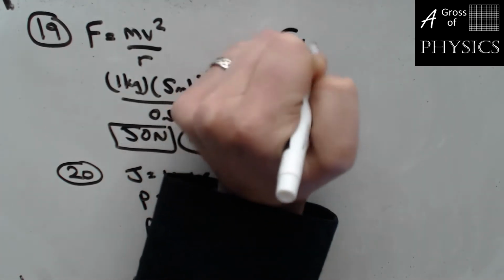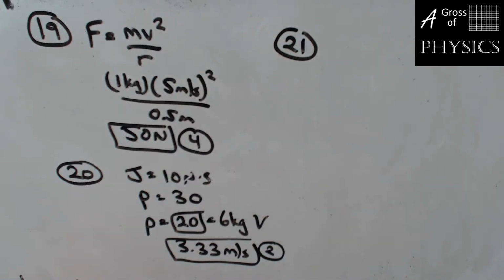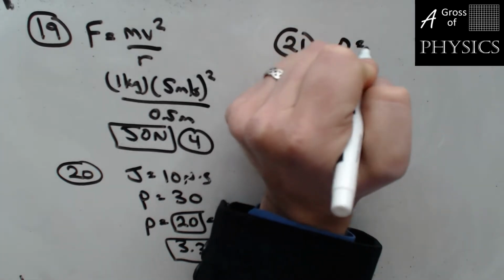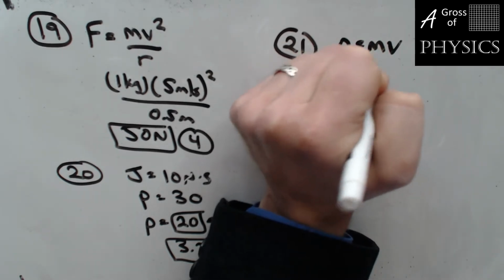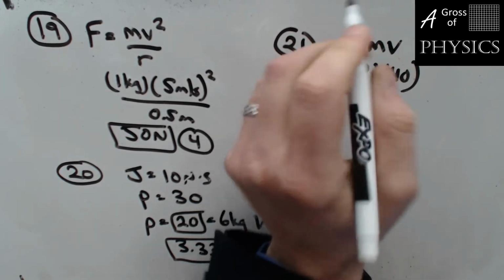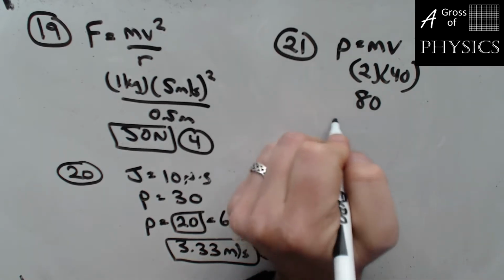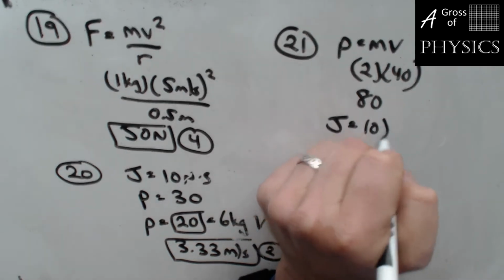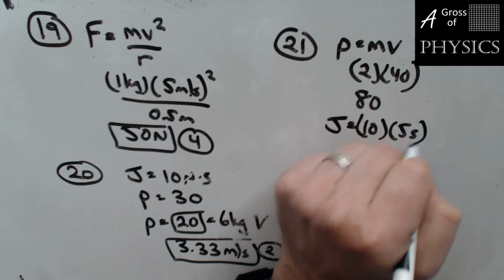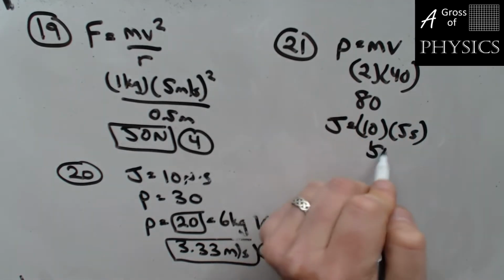And 21. We have an object that is moving to the right, to east. So we have momentum is mv. It's 2 times 40. So it starts at 80. Constant force is applied to the east for 5 seconds. So the impulse is going to be 10 times 5, force times time, so 50.